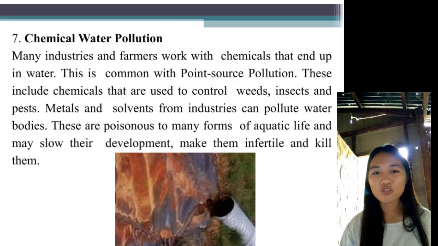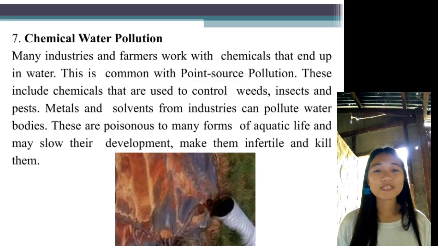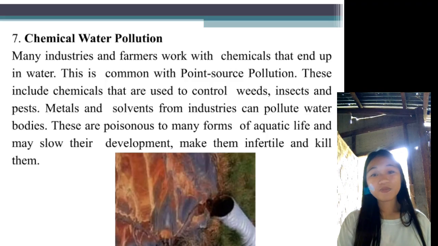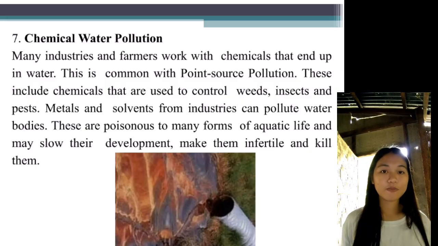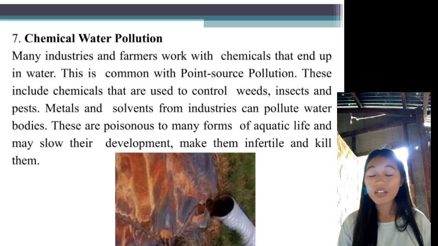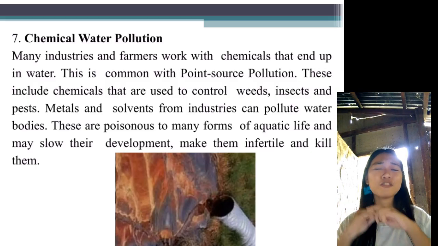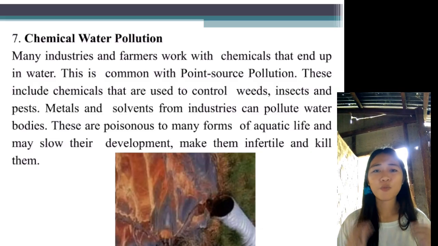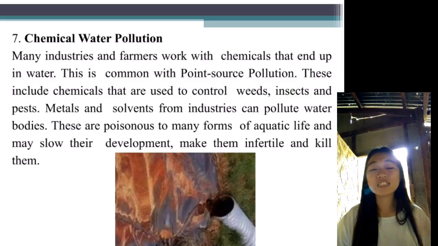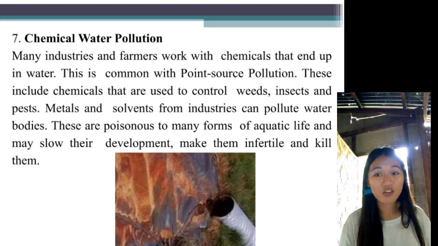I have mentioned several times that these are chemicals that eventually end up in any type of body of water. That greatly slows down the development, progress, and recovery of aquatic life because these are poisonous. This disrupts the balance of the ecosystem.